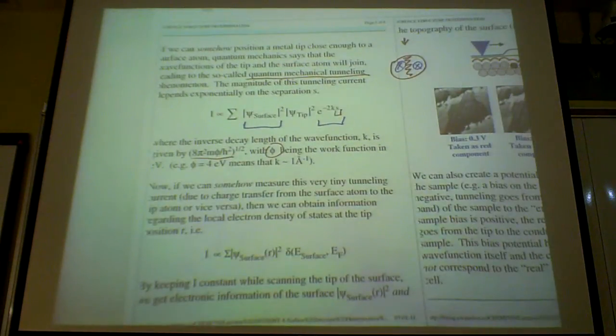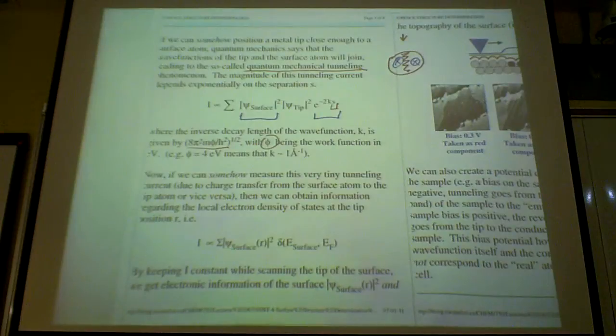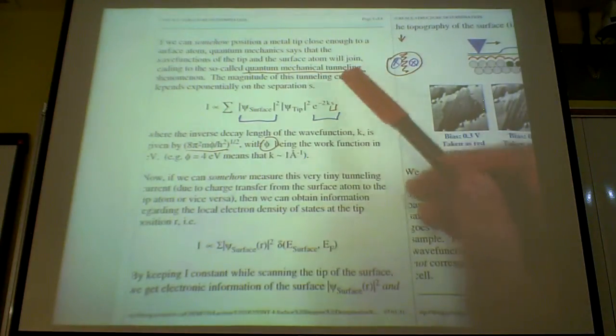So the idea was that if you can somehow position the metal tip atom close enough to the surface atom, of the order of a few angstrom, then quantum mechanics said the wave function of the tip atom and the surface atom will overlap, leading to the so-called quantum mechanical tunneling phenomenon.